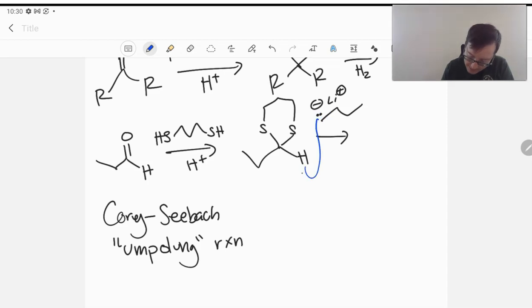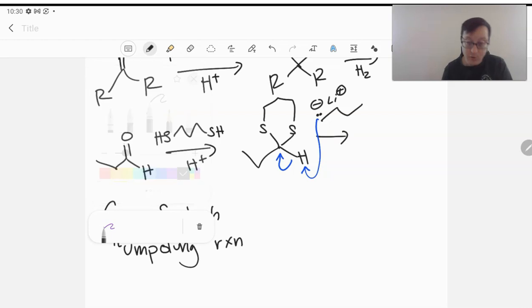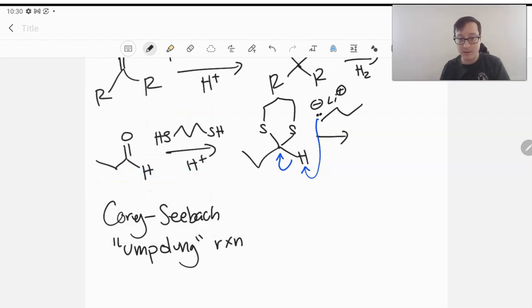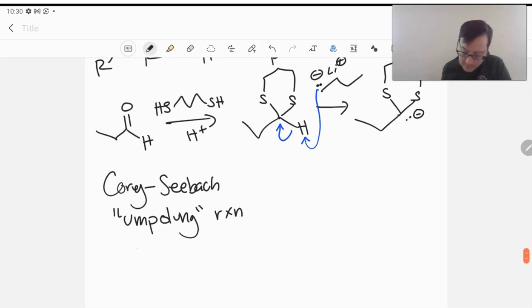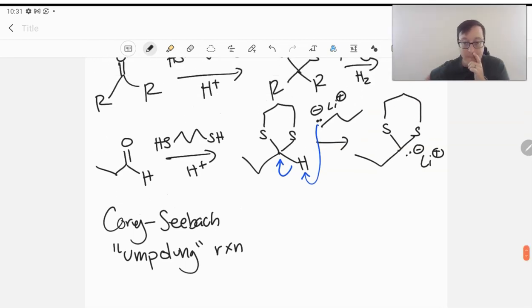It goes ahead and grabs that proton on there. That was our aldehyde proton, leaving us with a carbanion stabilized by those sulfurs. And this is something that's only in the case with sulfur. We can't do it with the oxygen analog, only with the sulfur one. So we have this carbanion now, and that carbanion is just ready to go. It wants to do something.